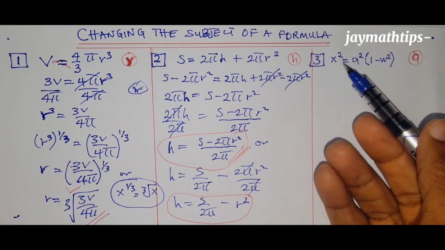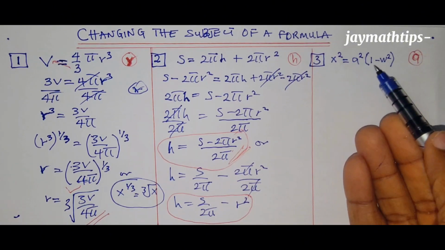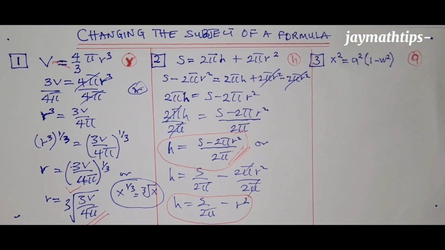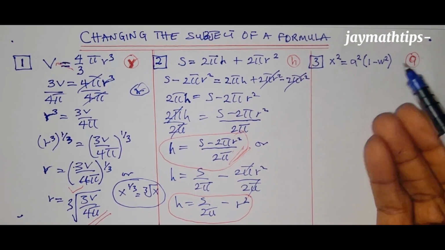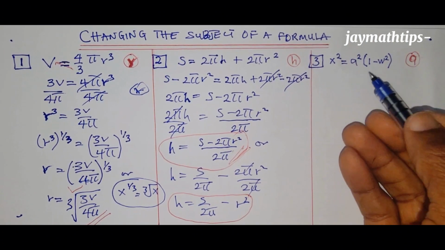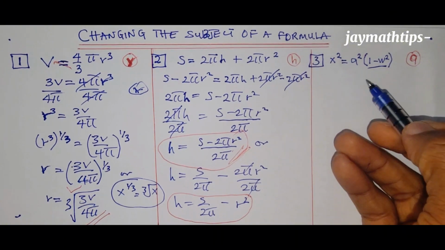We have s squared equal to a squared into 1 minus w squared. We want to make a the subject of formula, and here we have a squared. So how do we do this? We are going to divide both sides by 1 minus w squared.